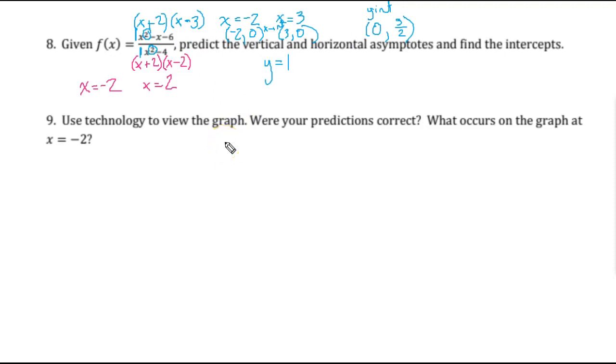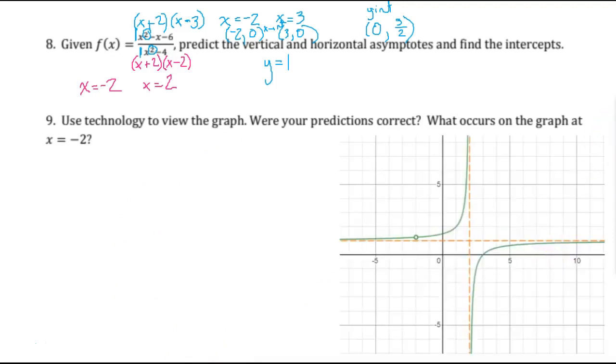Now, we're going to use technology and look at the graph. So when we look at the graph, let's see if our predictions were correct. Looking here on my graph, I see I have a horizontal asymptote at y equals 1. Yep, that one worked. I have a vertical asymptote at 2.